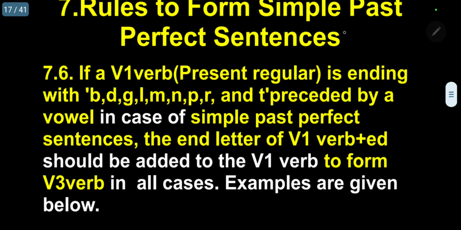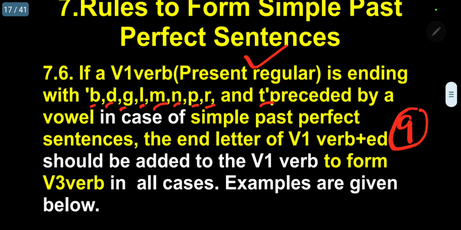The next rule, rule 6. In the case of simple past perfect sentences, if a regular V1 verb, please follow, is ending with B, D, G, L, M, N, P, R, and T. So these 9 letters you have to memorize. Otherwise, you cannot write or speak without mistakes.